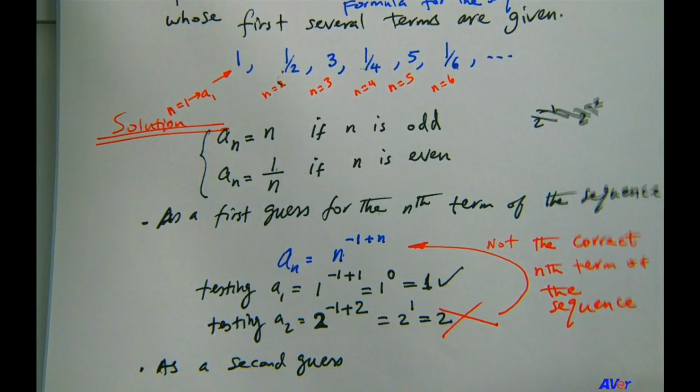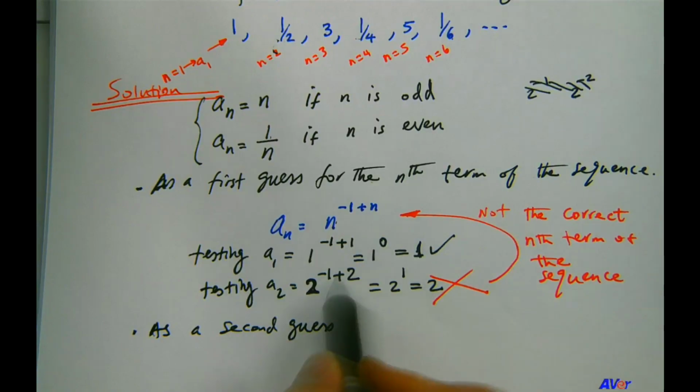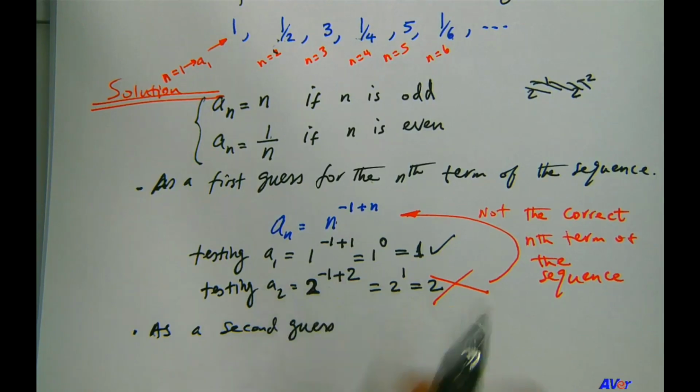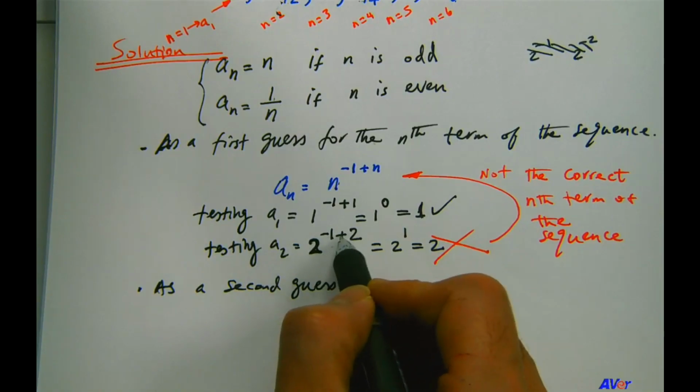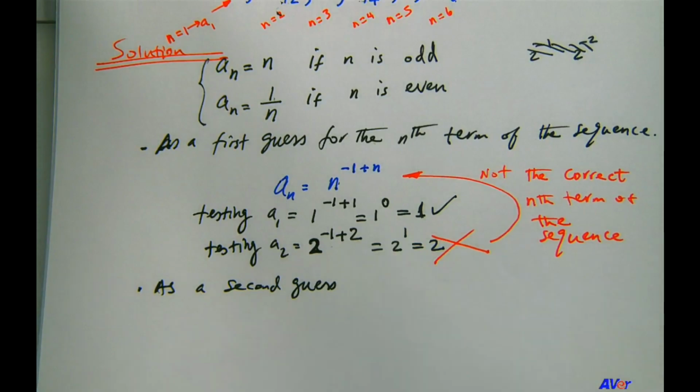I want some fractions, so I need to preserve that negative. If in this operation, instead of 1, I had negative 1 as the result, I would have gotten the 1/2, right?